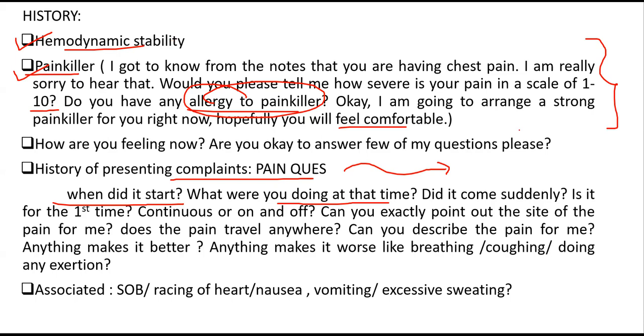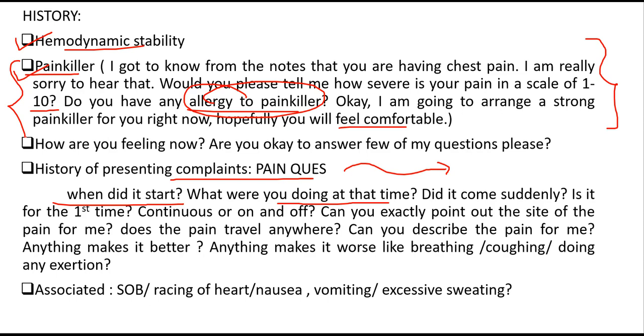So what I would do in this case, first of all, you will introduce yourself to the patient and you will say that you are going to arrange the painkiller for the patient. And after arranging the painkiller, you will say, John, because of your age and the duration of the chest pain, I am a little bit concerned about it.